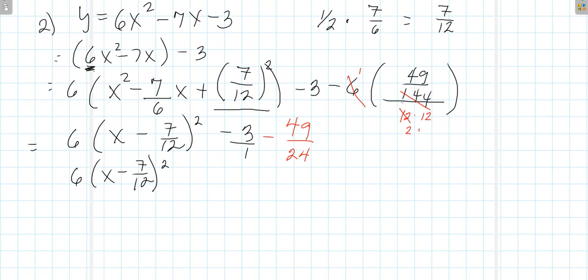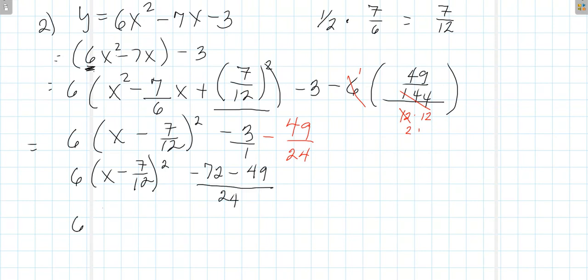Negative 3 times 24: you just multiply 24 and cross multiply. So 24 times 3 is 72. So this is negative 72 minus 49/24.